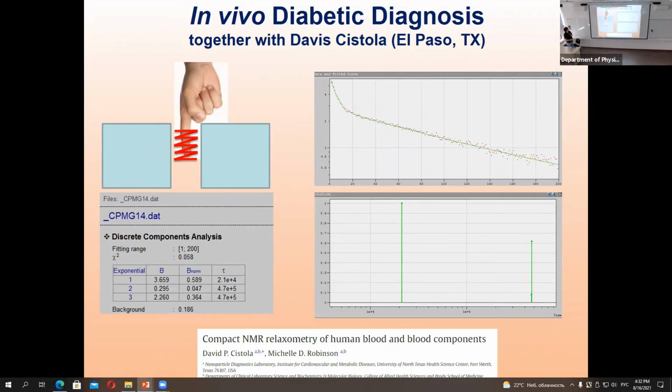So one of the really interesting projects was done with an interesting guy, actually David Sistola. He investigated the relaxation of blood plasma. And he captured data from, I think, 20,000 people.